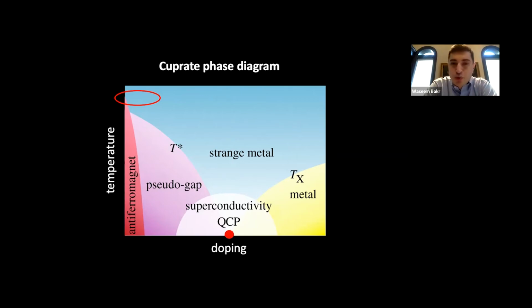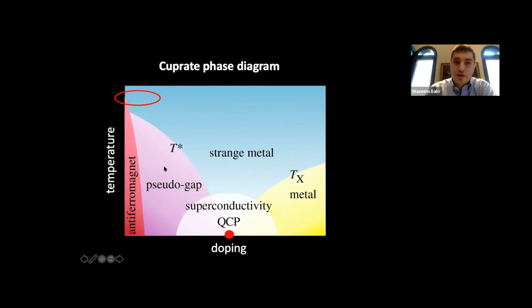That's very unusual because in conventional superconductors, BCS superconductors, the gap opens once the system is superconducting. But here you have a gap even before that.